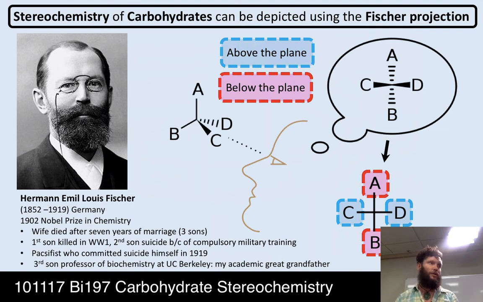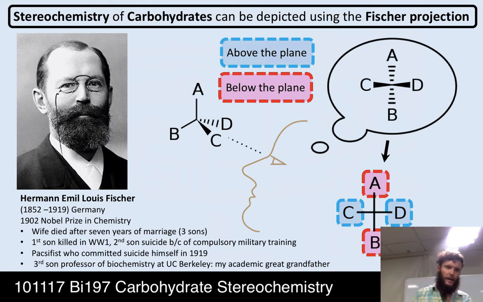And then the C and the D, maybe the green and the other colored one, are pointing towards you. He depicted these with a solid triangle coming out from the center as coming out of the plane of the board towards you, and dashed lines going into the board away from you. So the blue ones, the blue circle and the blue dotted circle, are above the plane, and the red is below the plane.